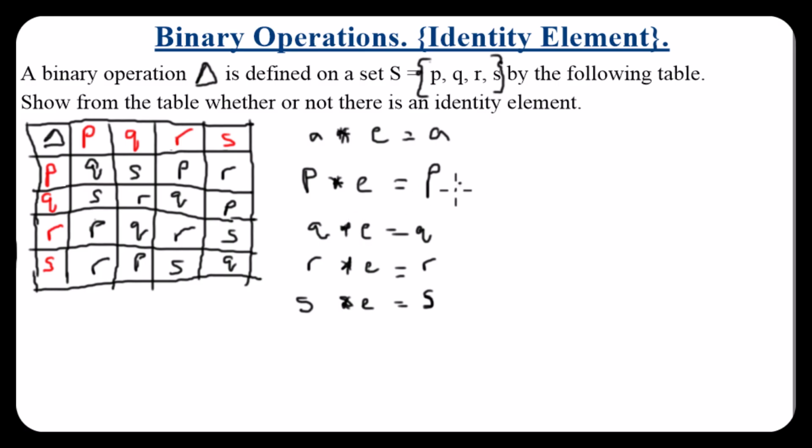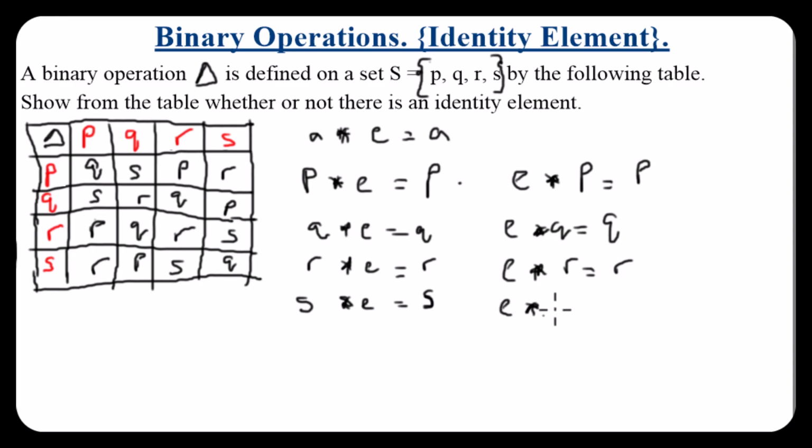So instead of P star E, I could also say E star P should be equal to P, or E star Q should be equal to Q, or E star R should be equal to R, or E star S should be equal to S. So we want to find out what E is for P, what E is for Q, what E is for R, what E is for S. Remember the question said we should show from the table whether or not there's an identity element.